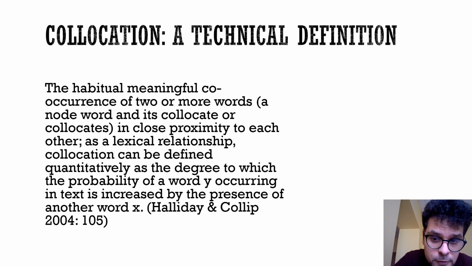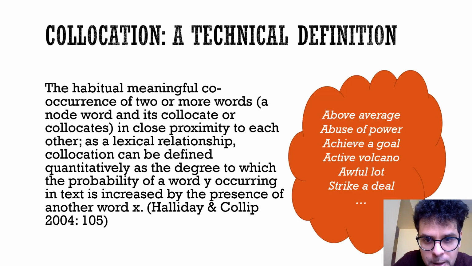You can even prepare a fill-in-the-gaps exercise, probing students' knowledge of collocations. Okay, what do you expect? What's the next word that will come? Some examples, but really there are hundreds, actually thousands for sure, of examples. Above average, abuse of power, to achieve a goal, an active volcano, an awful lot, to strike a deal, and so on.